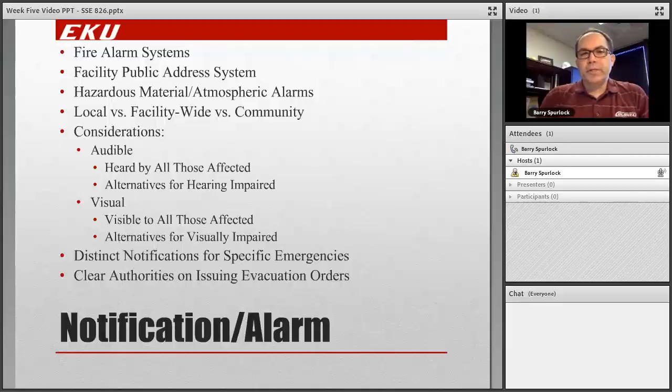Facility public address system. Most of the more complex or sophisticated fire alarm systems that you're going to see in medium to larger manufacturers have one of these built in. There's a capability for someone to get into a panel. Usually there's a CB microphone or something like that, and they can come over the speakers that would be used to notify people of a fire alarm and convey a message to people.